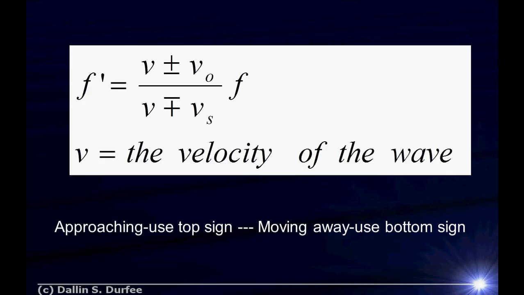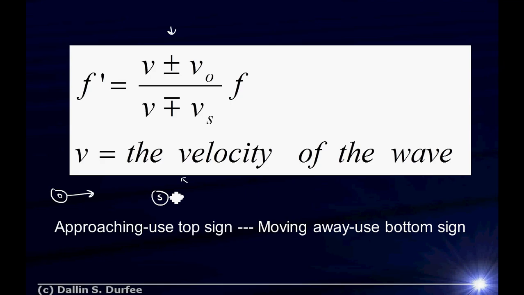I'm going to address a misconception that students sometimes have. Imagine you're chasing a car. So here's a car, here's the observer, and here's the source. Let's say the observer is moving faster than the source. Some people would say, oh, they're getting close together, so use the top sign here and in the denominator. That's wrong.